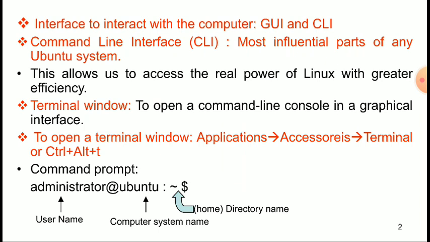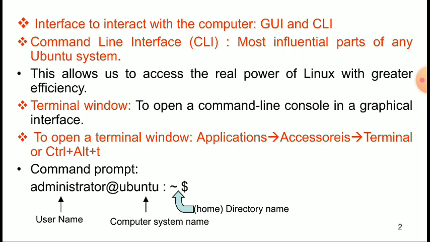Alternately, you can use the Ctrl plus Alt plus T keys together. A terminal window similar to the one shown in the figure will be seen on the screen. Note that the look of your actual window may be different from the one shown. So that is a command prompt.